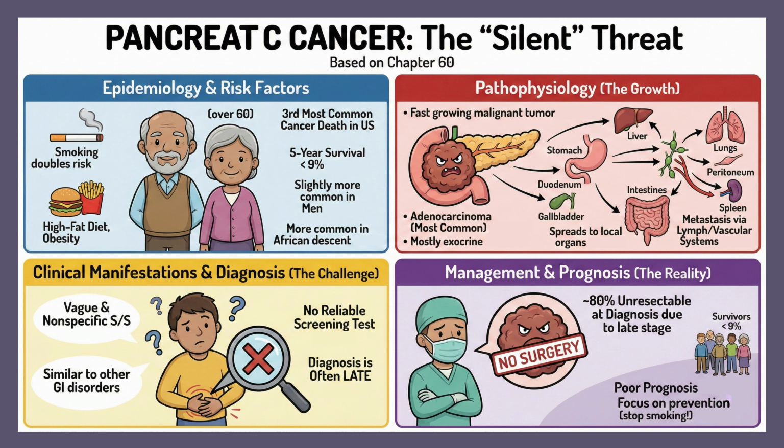It can also be occupational exposure to certain chemicals. Non-modifiable risk factors include a history of diabetes, especially late onset, chronic pancreatitis, a family history of pancreatic cancer, and Ashkenazi Jewish descent. The risk generally increases with age, most commonly diagnosed in individuals over 60.